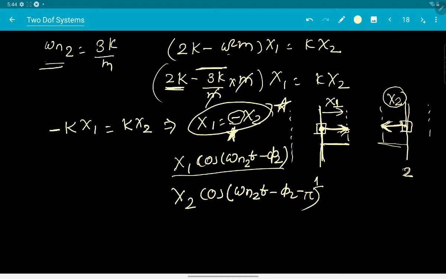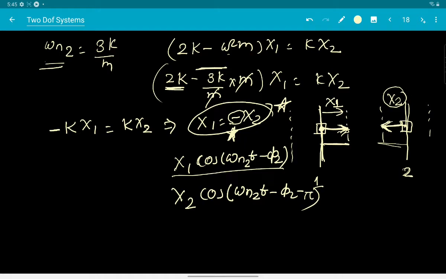So what have we obtained so far? We started with the approximation that the motion is synchronous and harmonic. If this has to happen, we obtained two circular frequencies, which we said are the two natural frequencies, and for each one of those we have also obtained the ratio of their amplitudes.